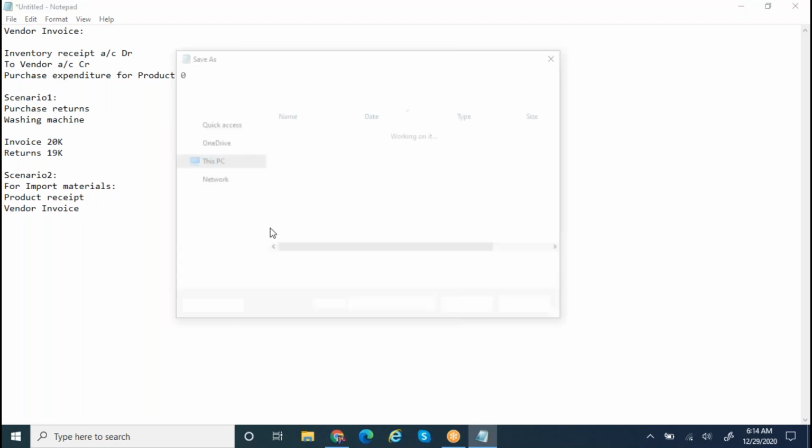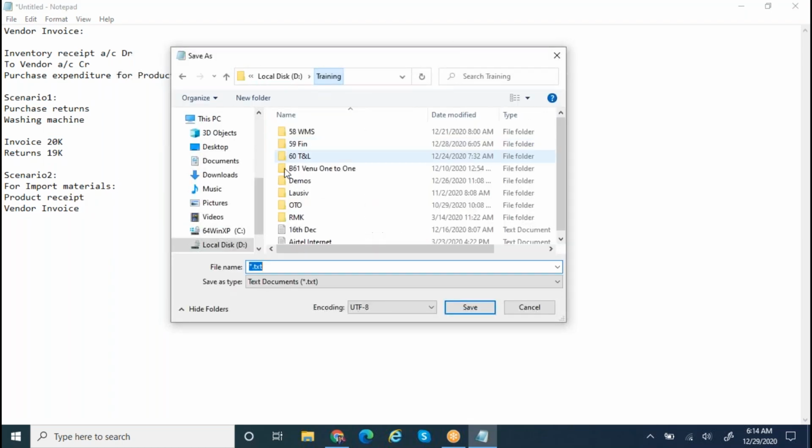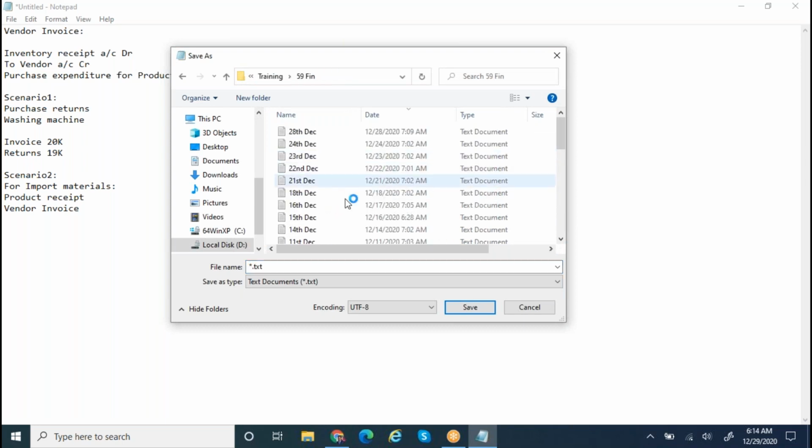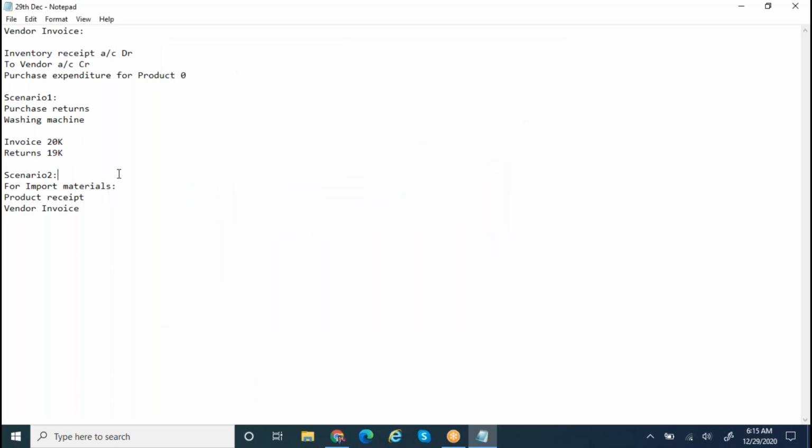Can you give me an example of scenario 2? Okay, fine, definitely. Here our currency is US dollars, but we are importing in euros. The product receipt is posted on 20th December 2020.